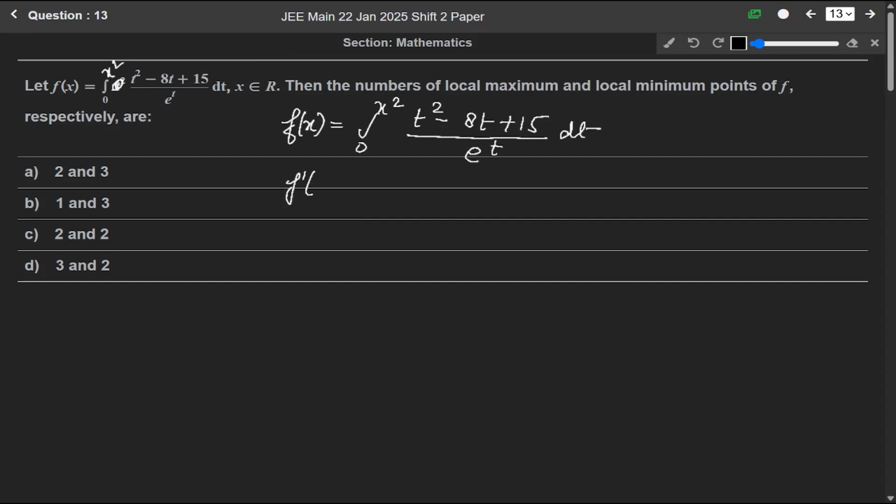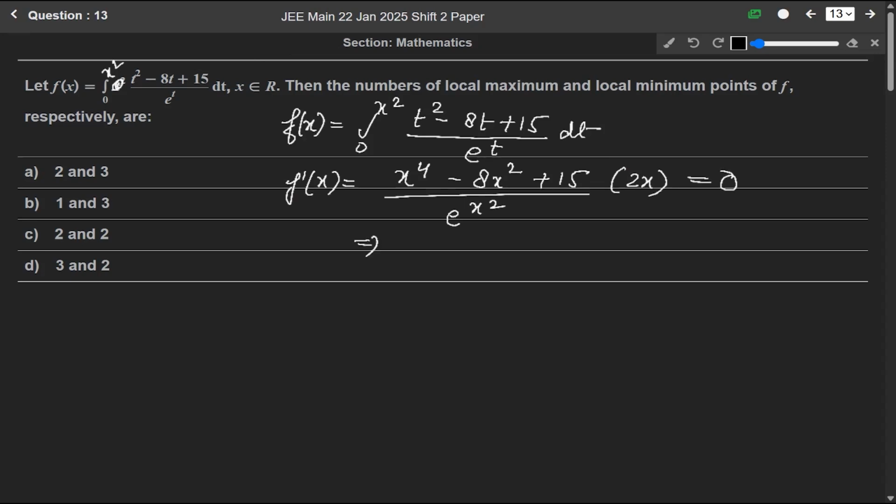So this f dash x will be equals to, let us say, x to the power 4 minus 8x square plus 15 over e x square into 2x, and it will be equals to 0.